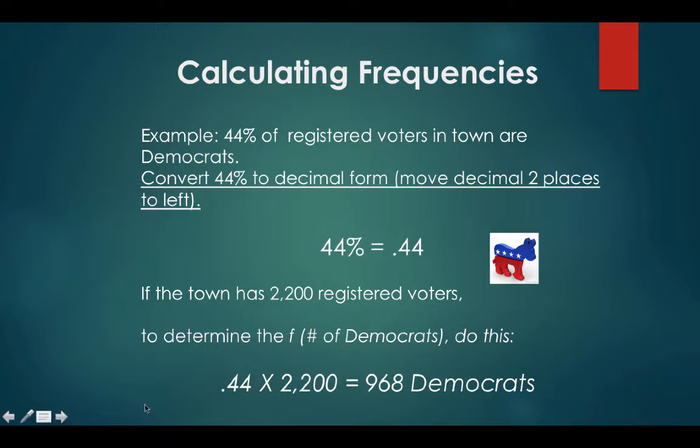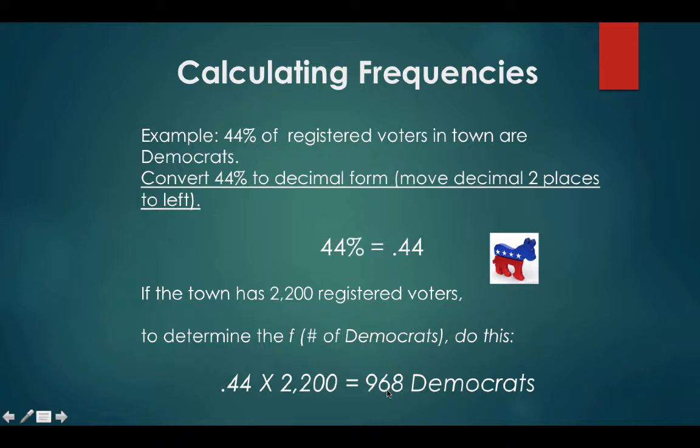okay? You would do this right here, 0.44, because you can't put the percent necessarily in a calculator. I know some of these scientific, crazy, great calculators do it. Simply speaking, you're going to do 0.44 times 2,200, which equals 968.